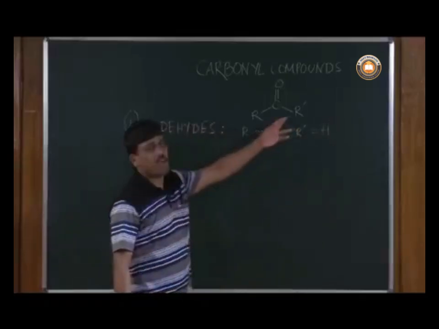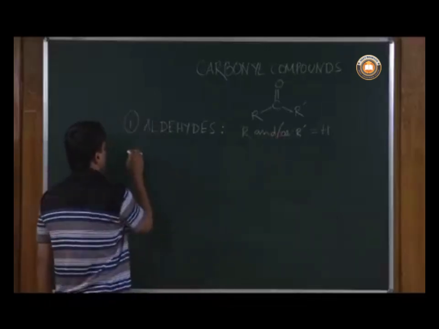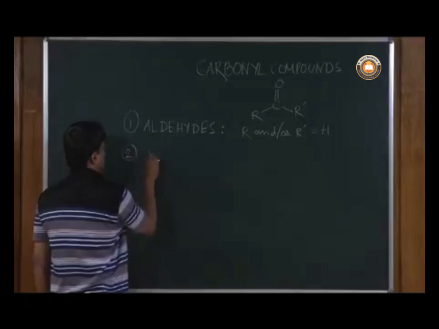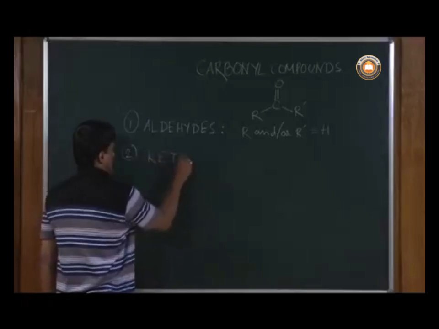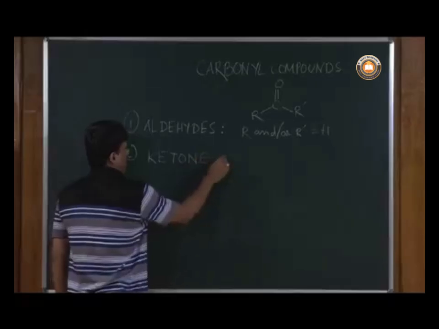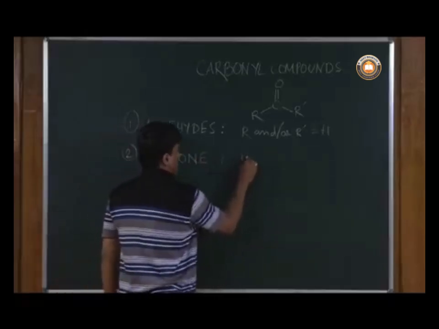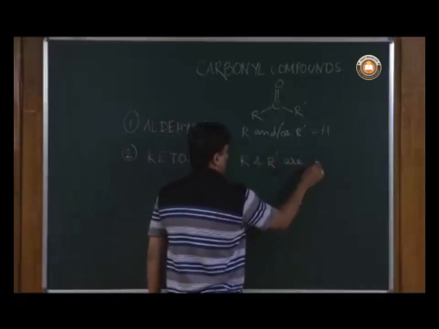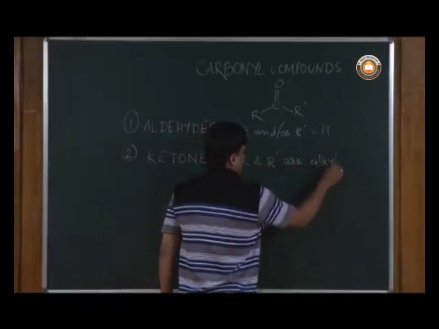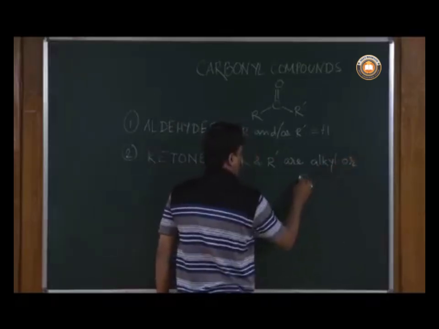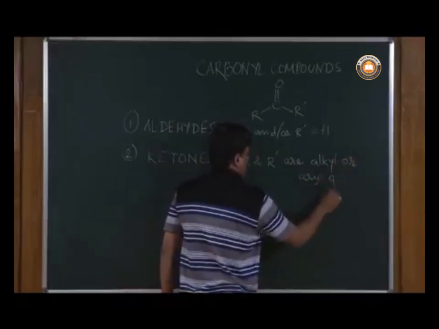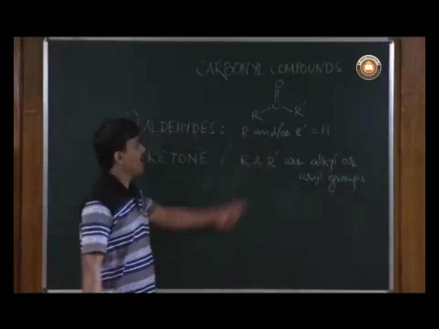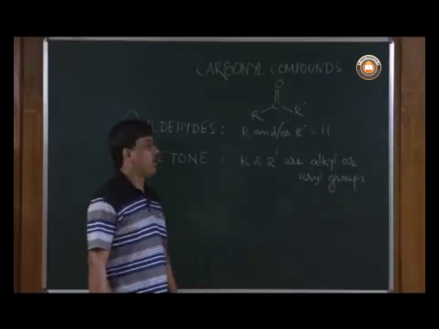So, one of them must be hydrogen. And in ketones, R and R dash must be alkyl or aryl groups.